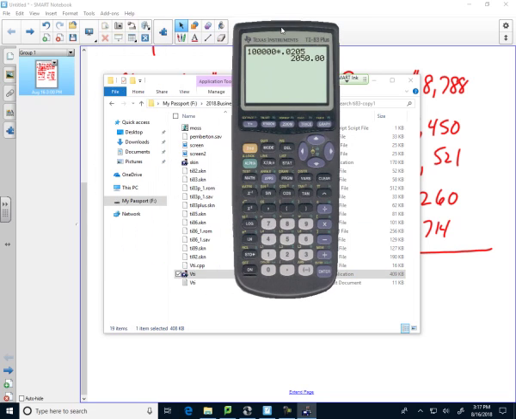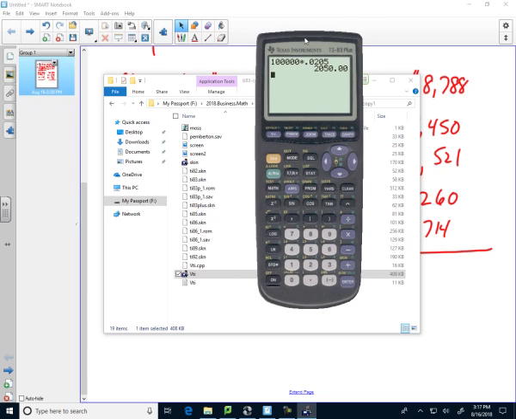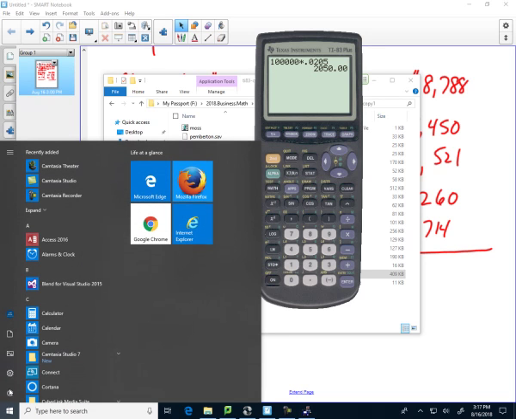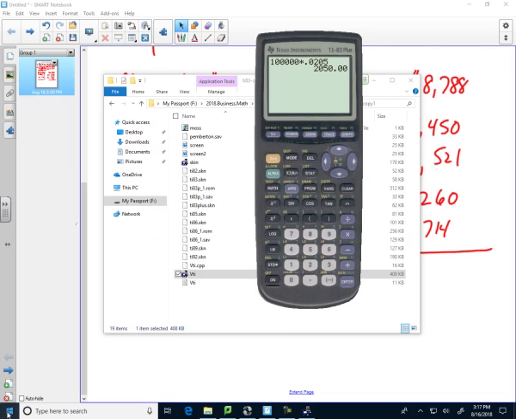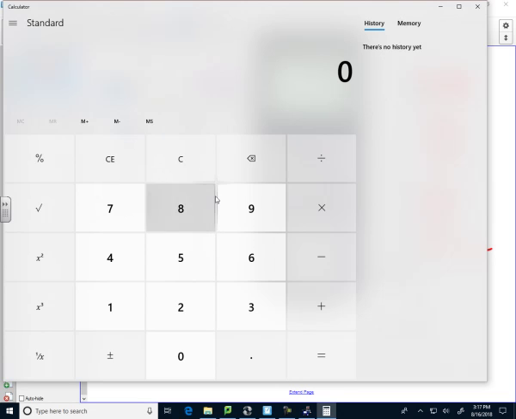See, I've got a virtual calculator. Yours might look a little different, but it's not that much different. If you don't, I'll get somebody to put it on there for you. You're still going to need something at home. You can use your phone, or you can go to the start menu down here in the corner. See where I click there? You can use that calculator there. It's just not as handy as the graphing one.